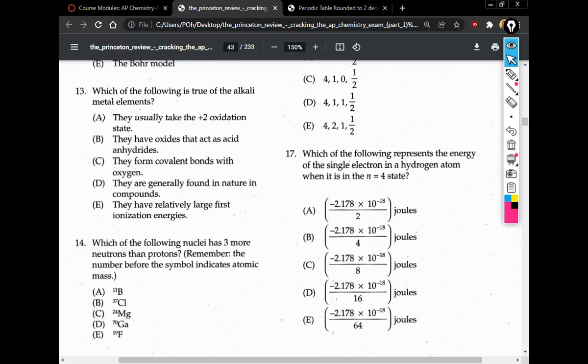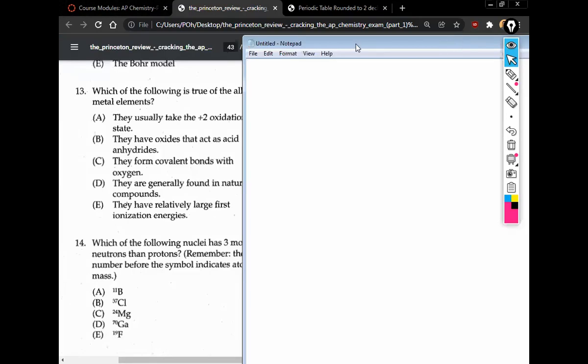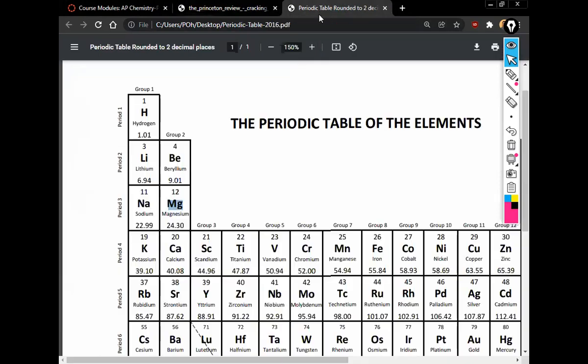I'll give you guys 30 more seconds. All right, you guys ready to go? If we take a look at alkali metals, do you remember where the alkali metals are on the periodic table?